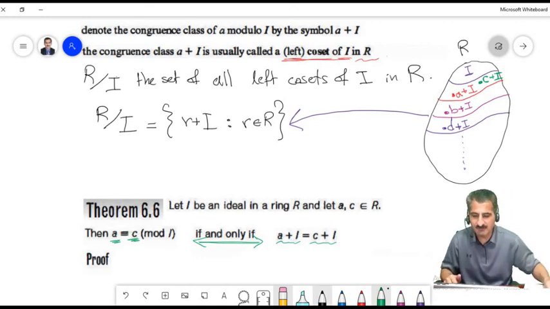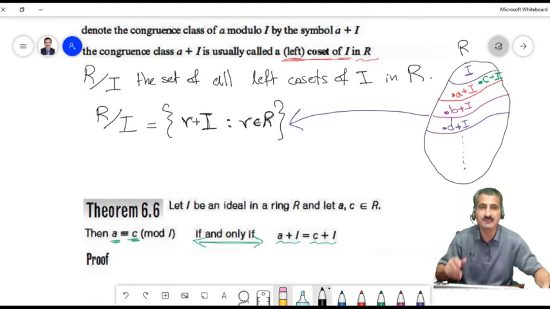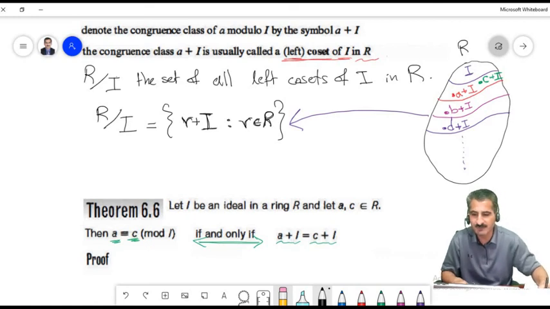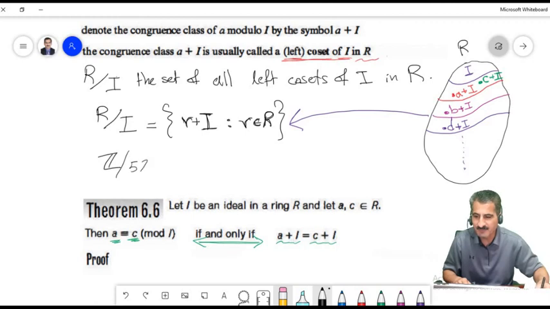Now, some people will say that maybe the ring has infinitely many elements, so we will have infinitely many cosets. Then we say no, because there are infinitely many elements that are congruent to each other, and each one of them will give you the same coset over and over. You remember when we worked with Z over 5Z?